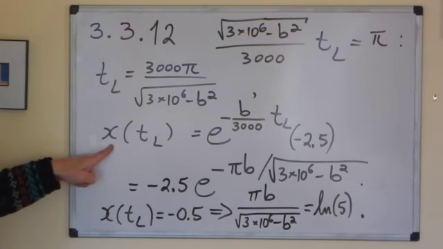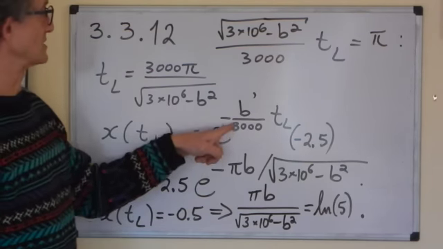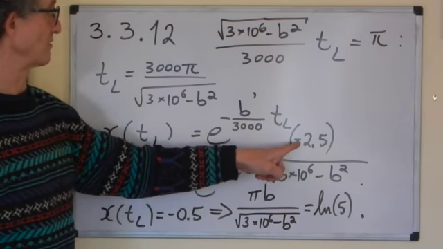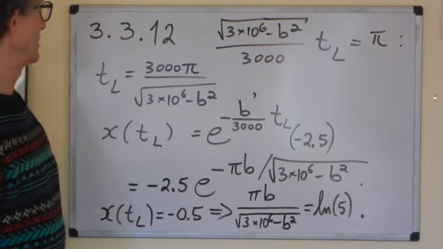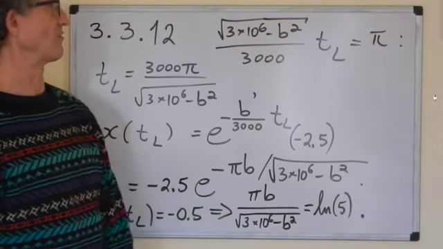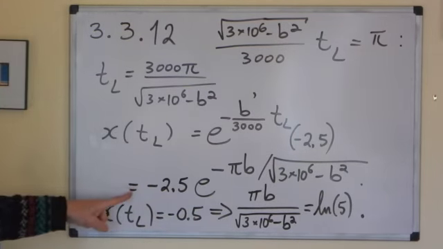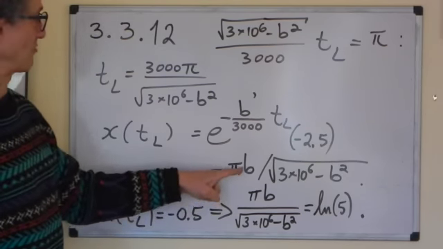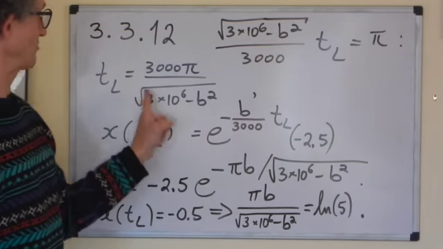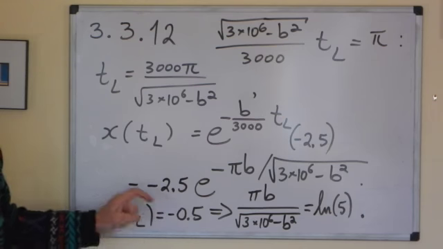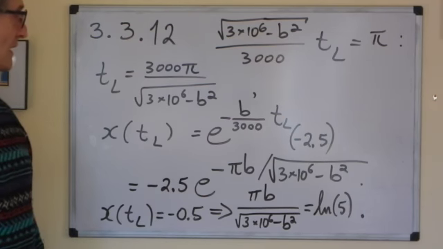And so if we plug that back in, we get e to the minus b over 3000 t_L times this minus 2.5, because remember the sine of this is 0, and so we have the height equal to minus 2.5 e to the minus b, and then I plugged in what t_L is in here, and that's what we have.